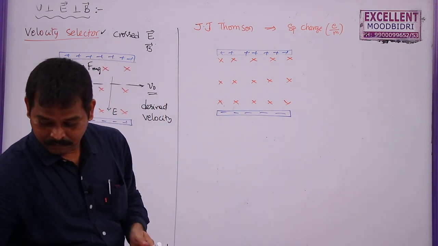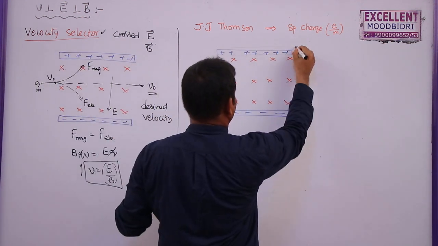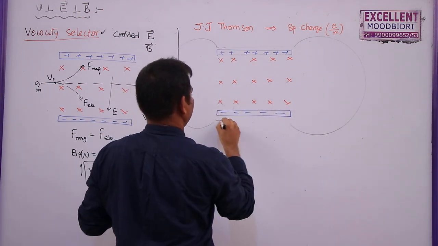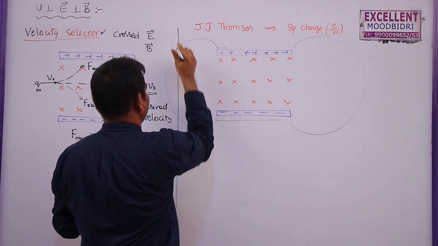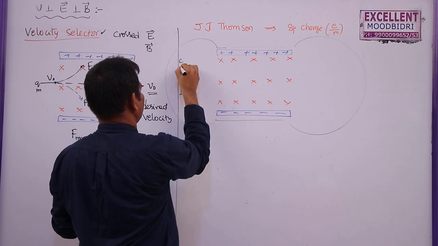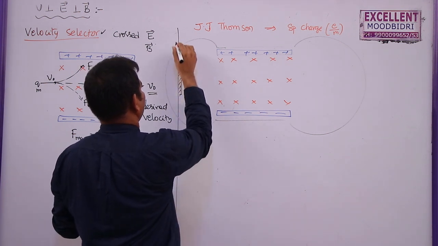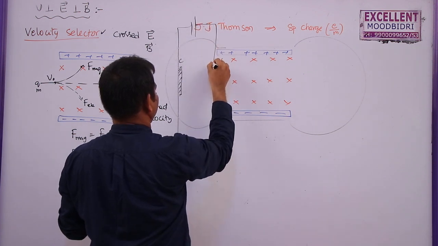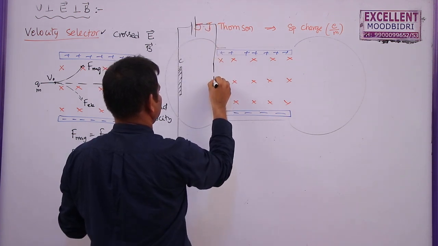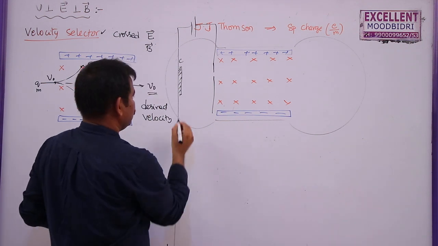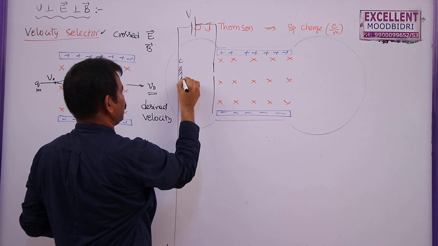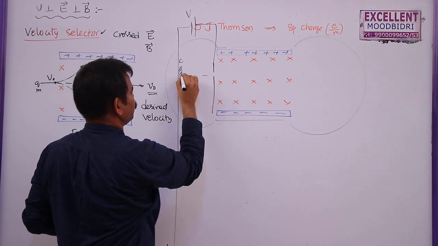Now in this device, a cathode will be arranged here. This is the cathode, which is connected to a battery like this, and this is the slit here. Between these two, a potential V is applied. Charged electrons are allowed to pass through this.